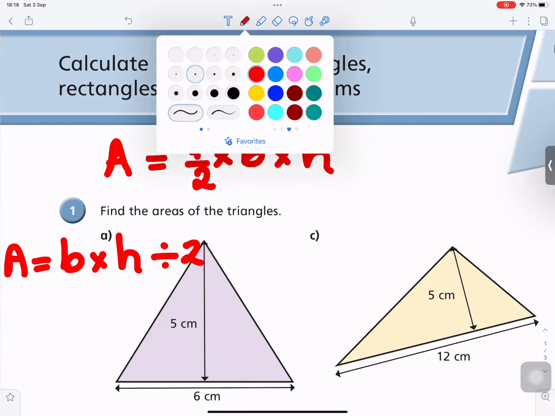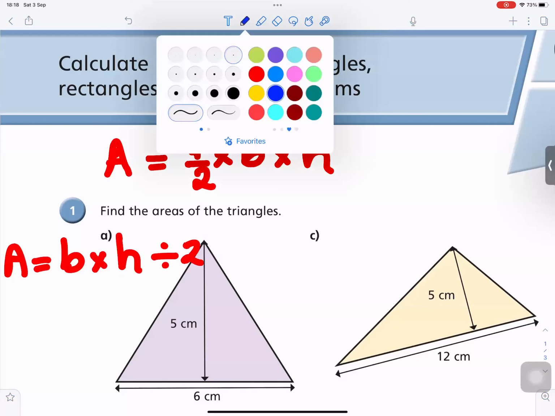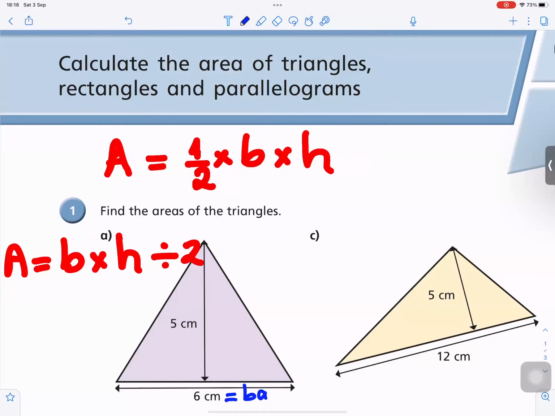So for this triangle, the base is 6. The height is equal to 5.